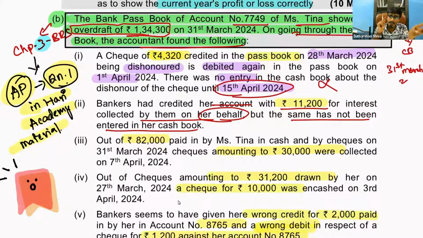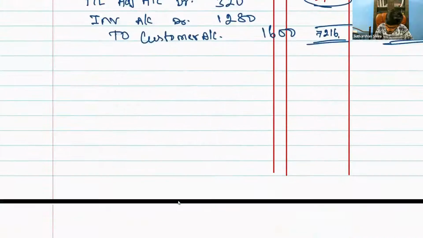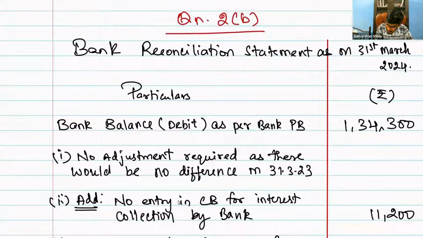I have already made a shortcut video for BRS. Which book they have entered, we need to check, and then based on that we will prepare the account. This is another way. So it is only affecting 11,200 in simple bank interest directly put in the bank account. It is not there in the cash account. I need to enter it in the cash account, so I will debit it. That's it. If you see the first point, how will you write it?